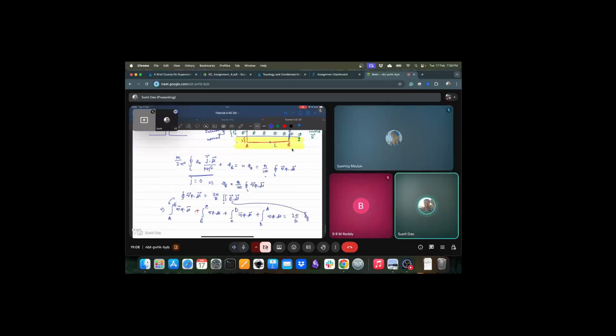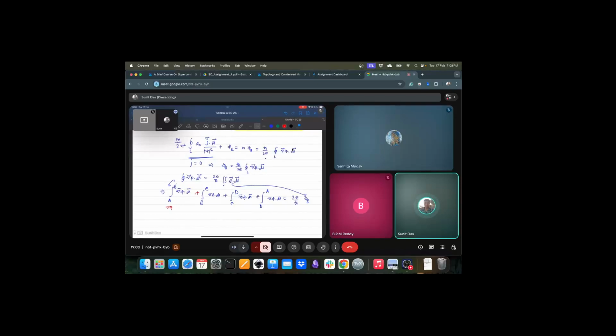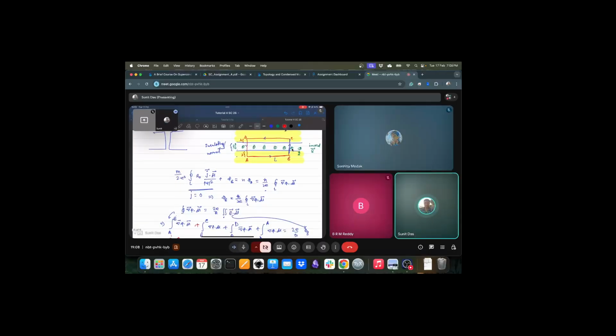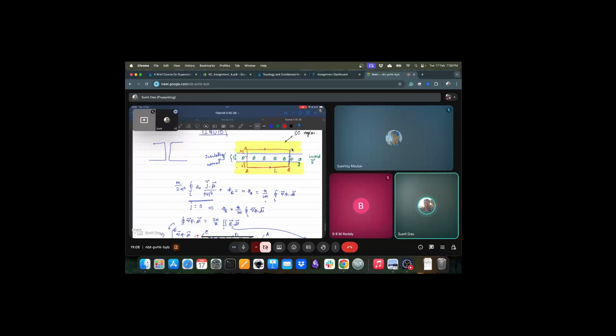Now note that the grad phi over a to b is 0, so grad phi over this path is 0, and from c to d is also 0. Why is this 0? Because we are still within the superconducting region 1, let's say. So let's say this is region 1 and this is region 2.